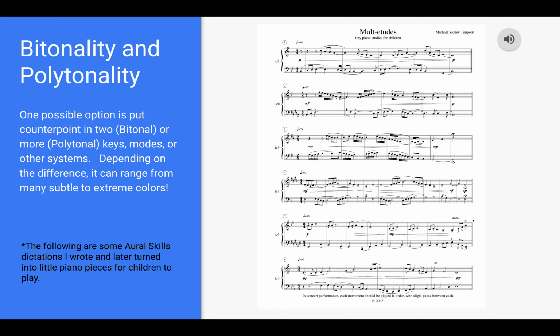B and F is the next one. G and D come next.